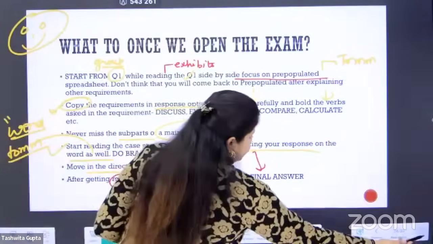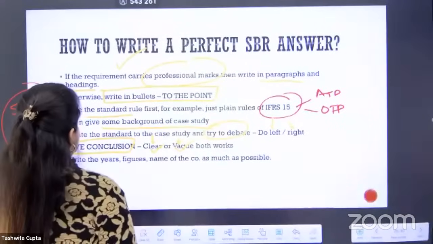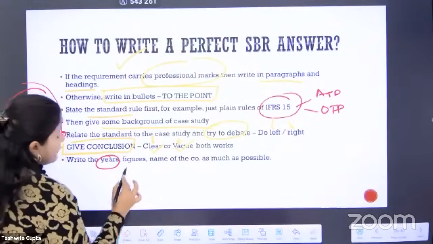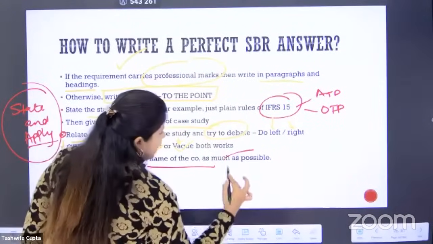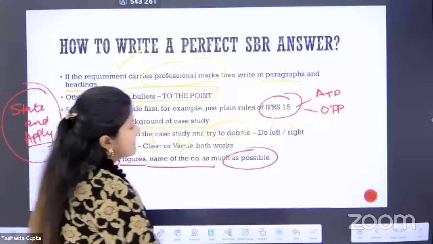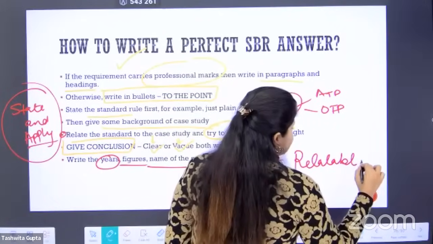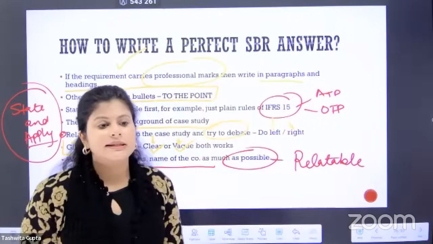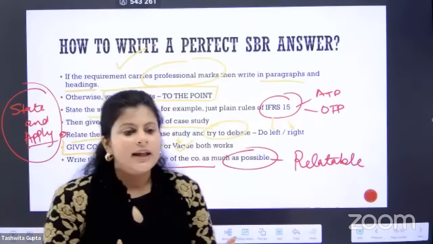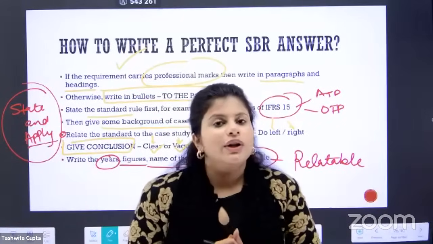Then write years, figures, name of the company as much as possible. This makes it more relatable. If I write the name of the company in my answer, it feels like you're applying your application skill. How can you apply your knowledge to the case study?